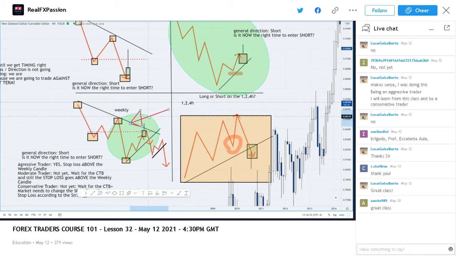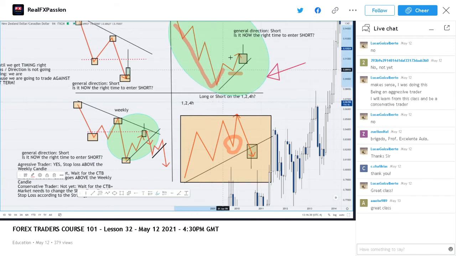From the higher time frame. Make sense? So this was the leg extension retracement from the weekly chart. Those higher highs, higher lows, this is a down retracement, the short-term trend. Make sense, everybody?